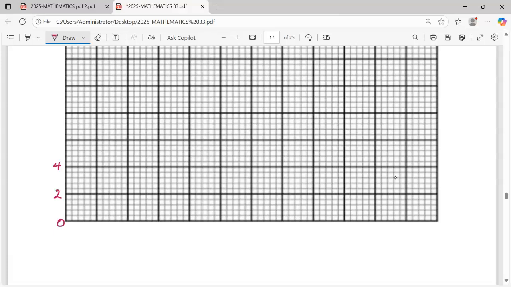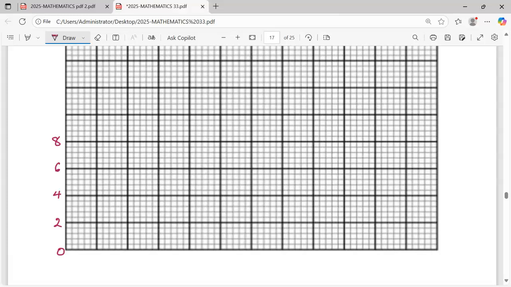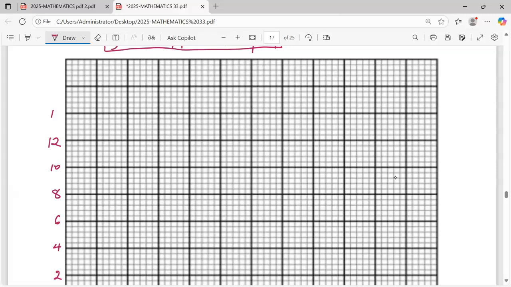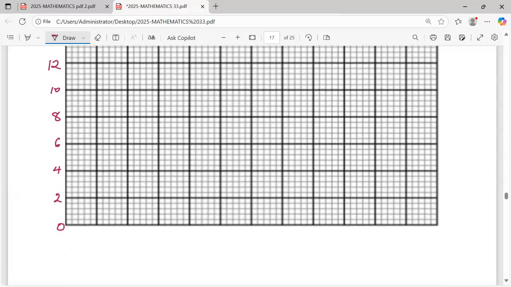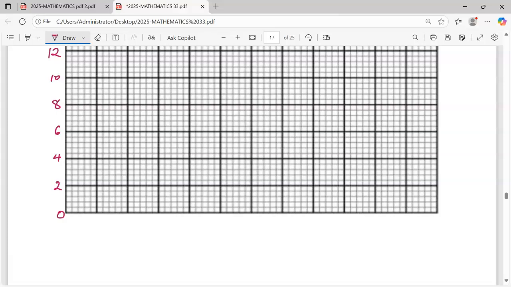This one will be 4, this one will be 6, 8, 10, 12, and this one will be 14. Then on the x-axis, the highest value we have is 6, and therefore we can use 1, 2, 3, 4, 5, 6, 7.